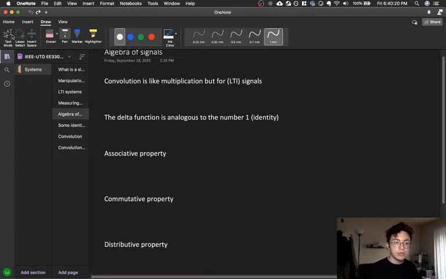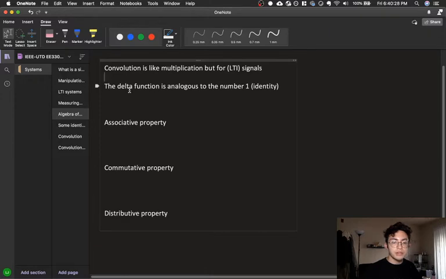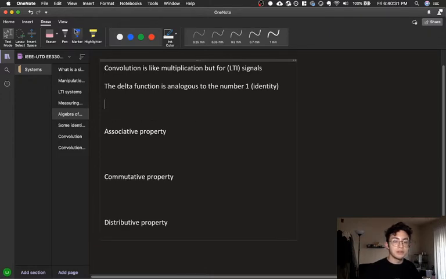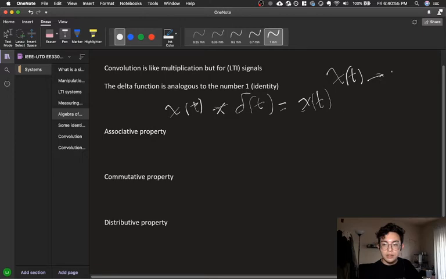If we have the delta function, it acts as the identity of this operation. What that means is that if we have any x of t and we convolve it with a delta function, then we'll get the exact same thing out. So if delta t was a system, then we'll have x of t taken right back out.